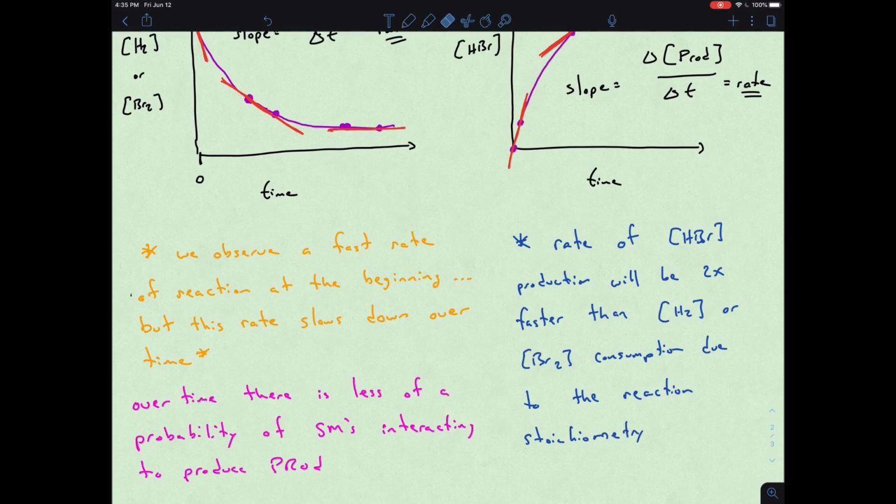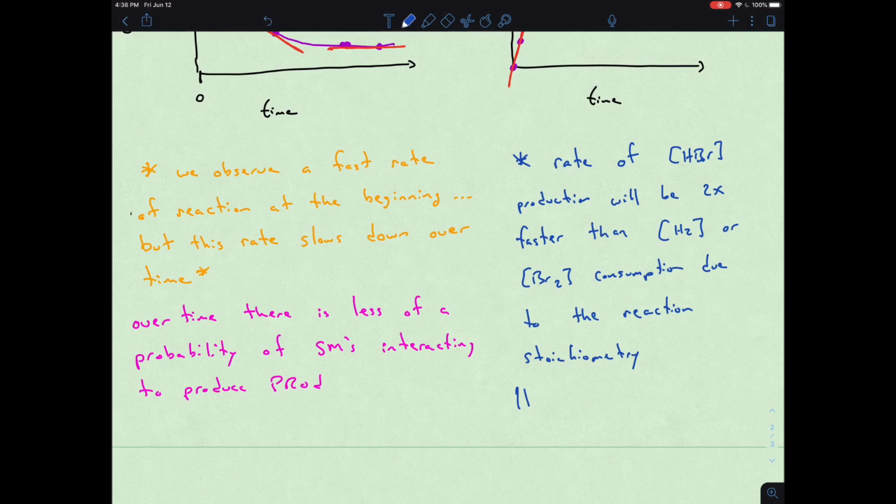Meaning that if we consider the stoichiometry, we're looking at H2 plus Br2 produces 2 HBr. So 1 molecule of H2 disappears, but 2 molecules of HBr appear. And so that means that we have different rates for different materials.